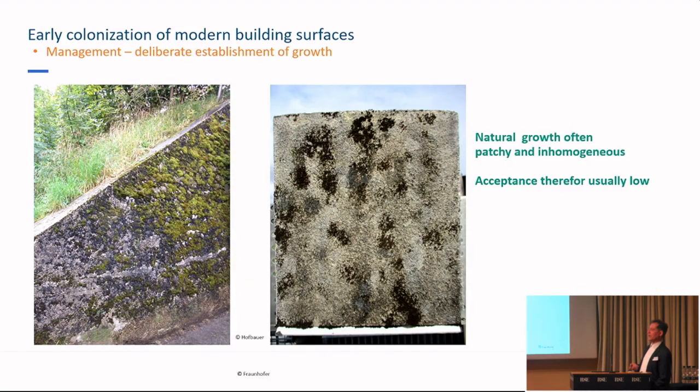And now we come to the opposite. Would it be helpful if we enhance the growth on the surfaces? We must realize that in a natural situation, here on a concrete wall, here on a specimen of plaster, this is usually a development that looks patchy and inhomogeneous, and most people don't like it.